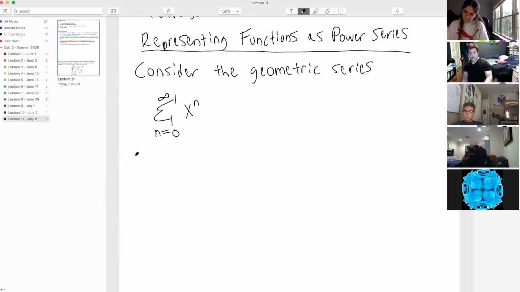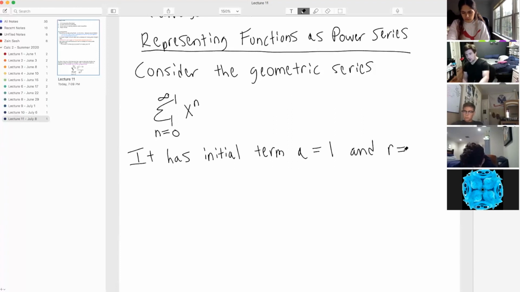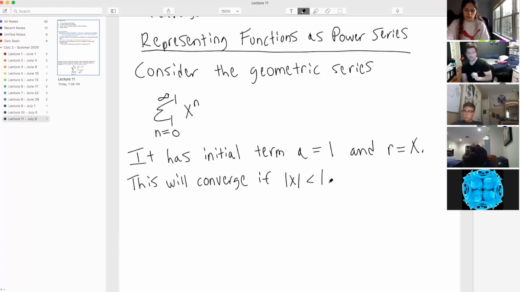It has initial term a equaling 1, I hope that's clear, and ratio r equaling x. And this will converge if the absolute value of x is less than 1.